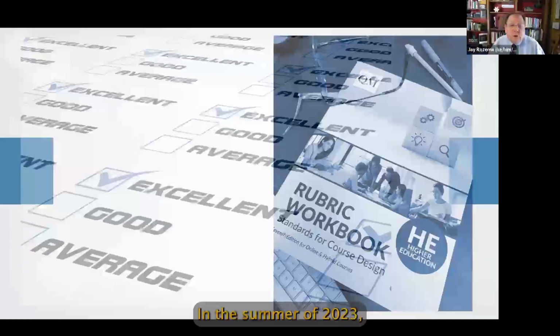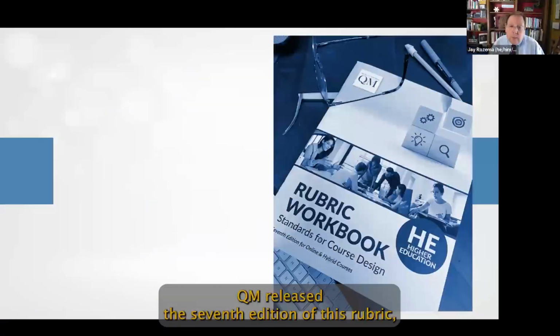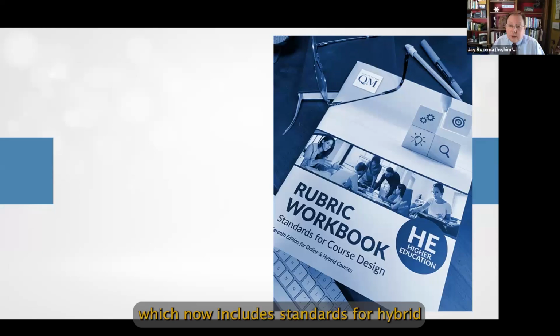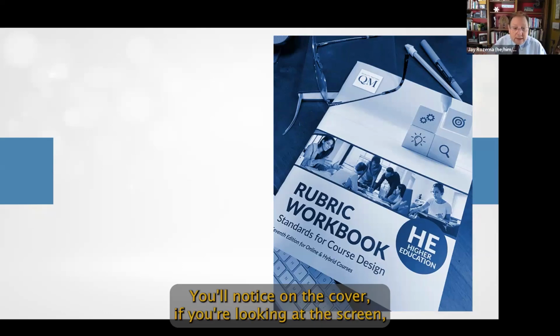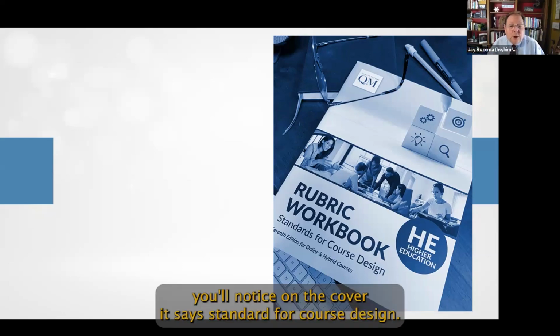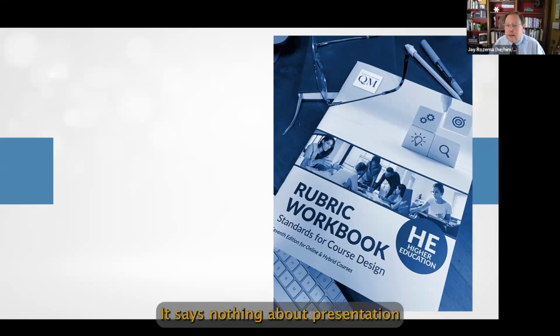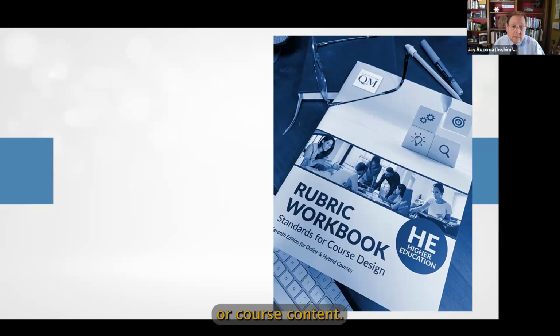In the summer of 2023, QM released the 7th edition of this rubric, which now includes standards for hybrid and synchronous online courses. You'll notice on the cover it says Standard for Course Design. It says nothing about presentation or course content.